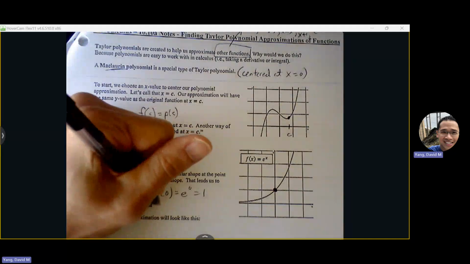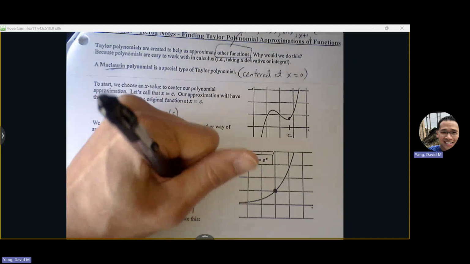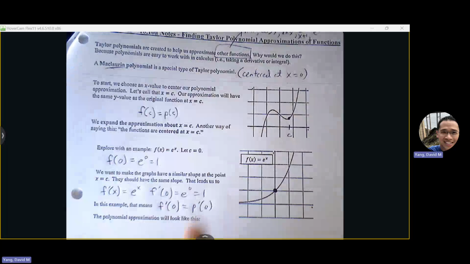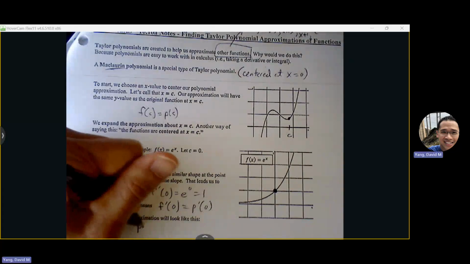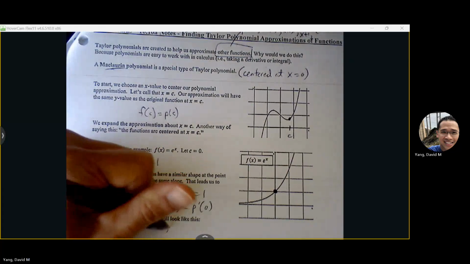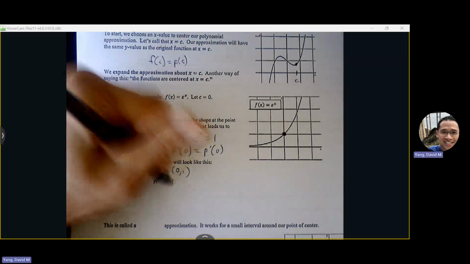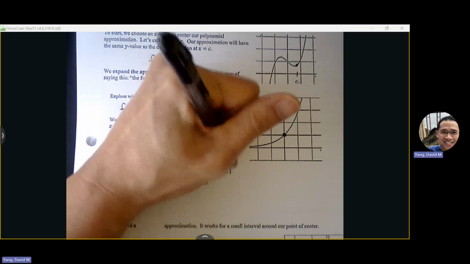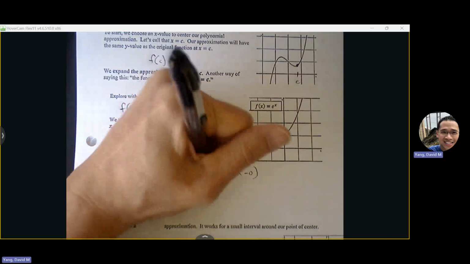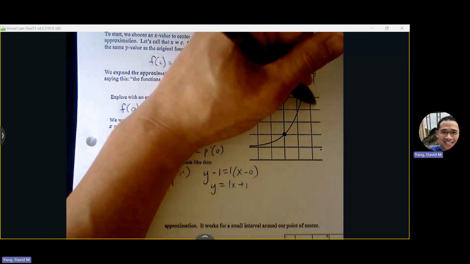So now we want f prime of 0 to equal the slope of the polynomial that we're building, p prime of 0. So if our ordered pair is (0, 1) and our slope is 1, our tangent line equation is y minus 1 is equal to 1 times x minus 0. So y is equal to 1x plus 1. Maybe something like this.